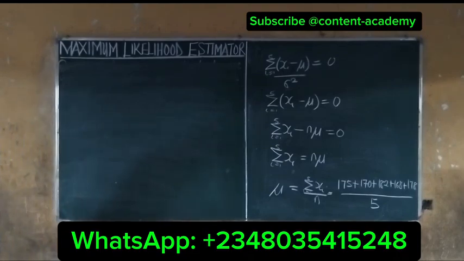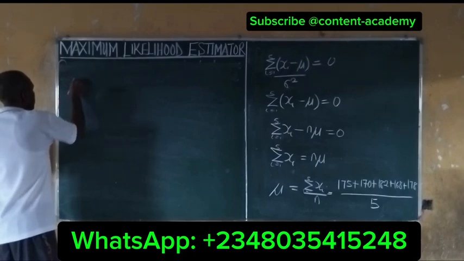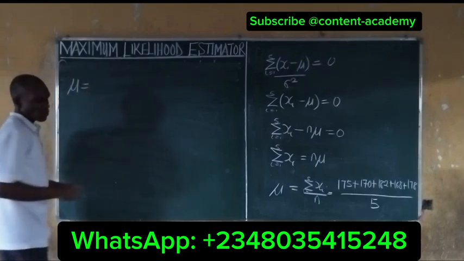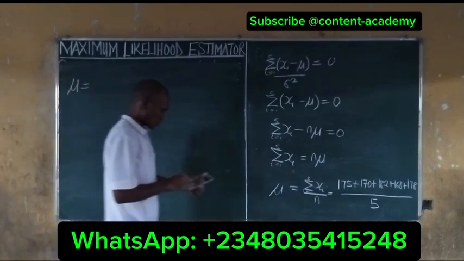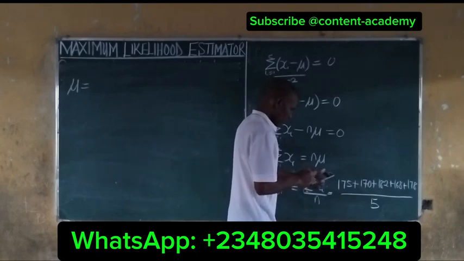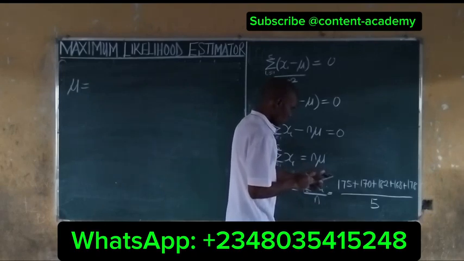So we can write it out properly. Our mean will be equal to, now we add whatever we got here, 175 plus 170 plus 182 plus 168 plus 178.